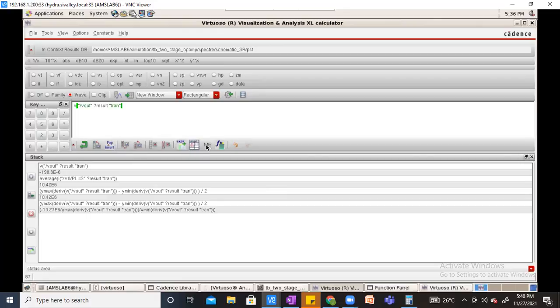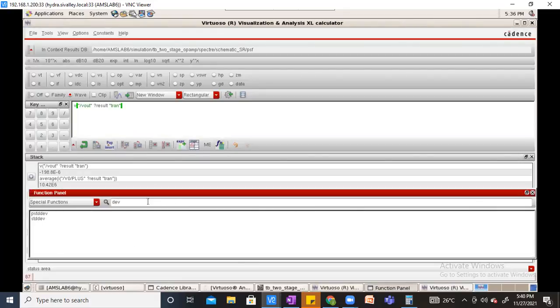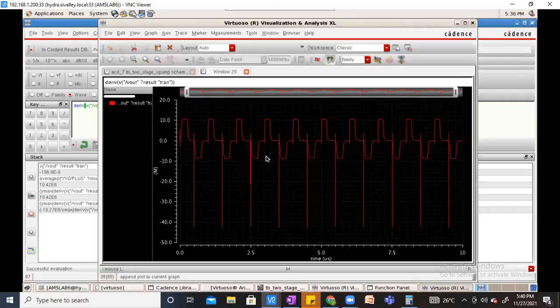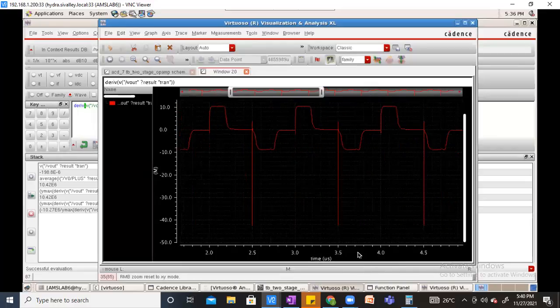Now from the function menu, take derive. What is derive? It basically does the differentiation on top of your signal, and just plot it. This is your slew rate. Positive side you are getting something like 10.5, negative side it is 8.7. If you combine and divide by 2, that will be your overall slew rate.